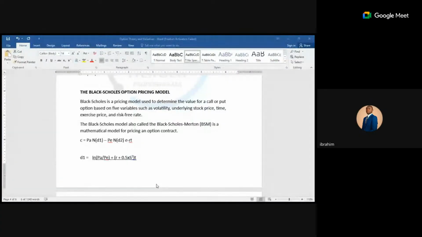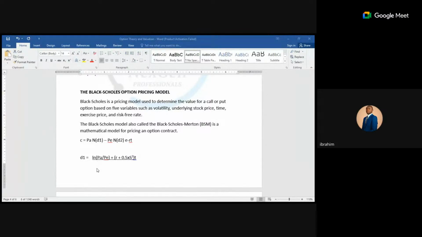And we should not forget that the European option is what we use in the option market today in Nigeria. That is, you can only exercise your rights at the date of maturity of the option contracts.